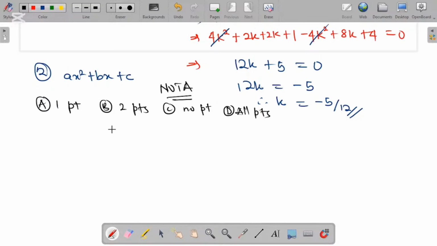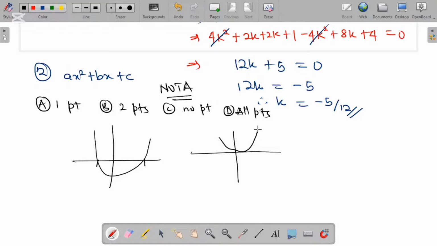So as I told you yesterday, if it is real and distinct, it will cut the x-axis at 2 points. If it is real and equal, it will cut the x-axis at 1 point. And if it is complex, it will cut the x-axis at no point. So this is equal roots. This is distinct roots.